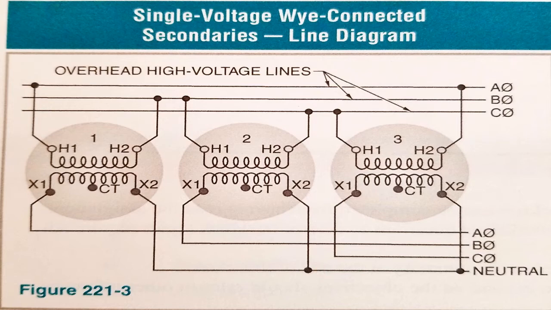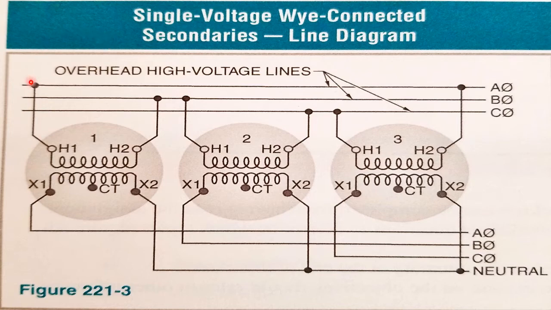And X1 goes all the way to A phase. X1 of transformer 2 goes all the way to B phase, and X1 of transformer 3 goes all the way to C phase. There's nothing else that the phases are connected to, meaning that's a Y connected scenario.